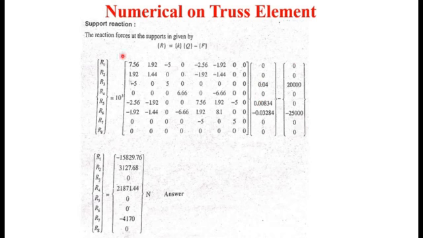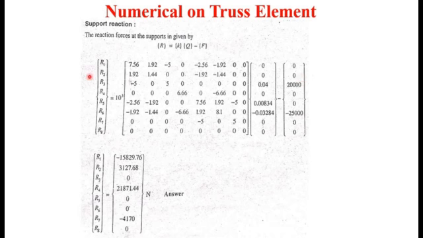After simplifying this, the first row with the column minus this gives the value of R1. Similarly, R2 is equal to the second row multiplied by this column minus this value. Similarly, R3 is equal to the third row multiplied by this minus this 20,000, so we get the value of R3.